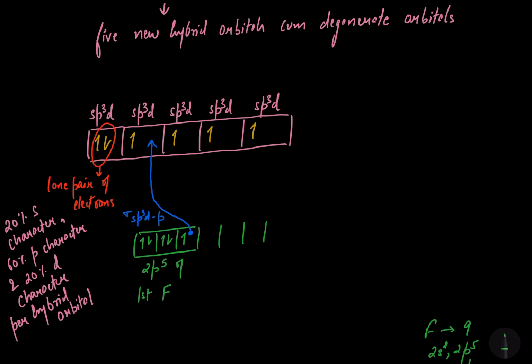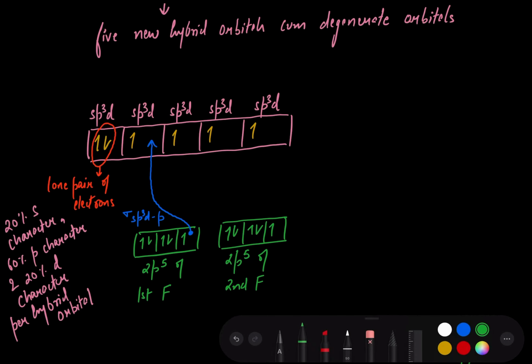Now let's come to the second fluorine. That's the 2p of second fluorine atom. In second fluorine, in 2p, we are having 5 electrons. So let's fill them with the first electron, second, third, fourth, fifth.